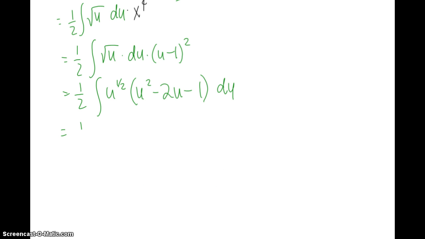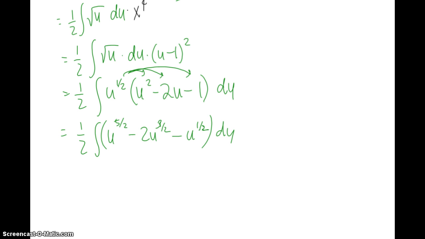I'm going to multiply this in and add those exponents, so u to the 5/2 minus 2u to the 3/2 plus u to the 1/2, du. I get 1/2, and then I'm going to start integrating from here.